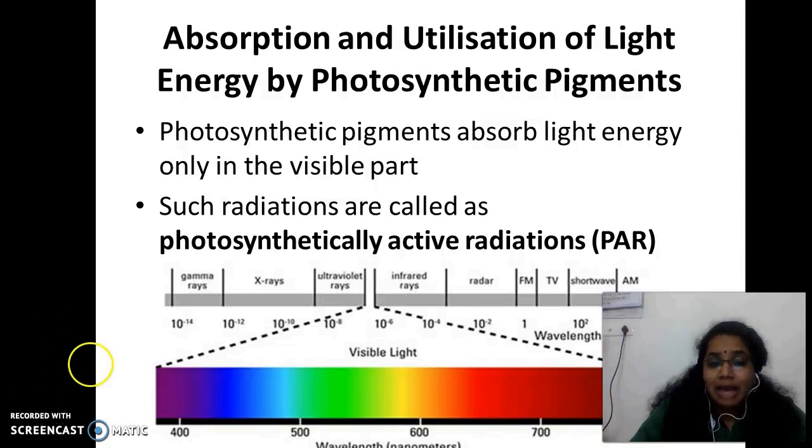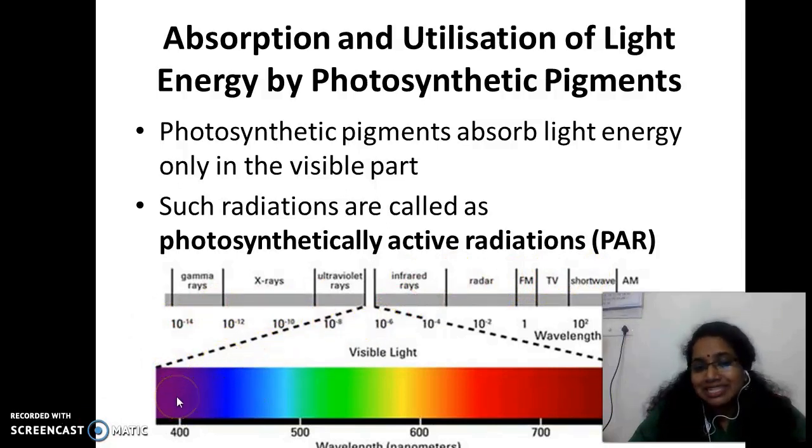Photosynthetic pigments absorb light. This is the light spectrum. The photosynthetic pigments absorb light between the wavelengths 400 to 700 nanometers. Such radiation is called photosynthetically active radiation, or PAR. So the radiation which is useful in photosynthesis is called photosynthetically active radiation.